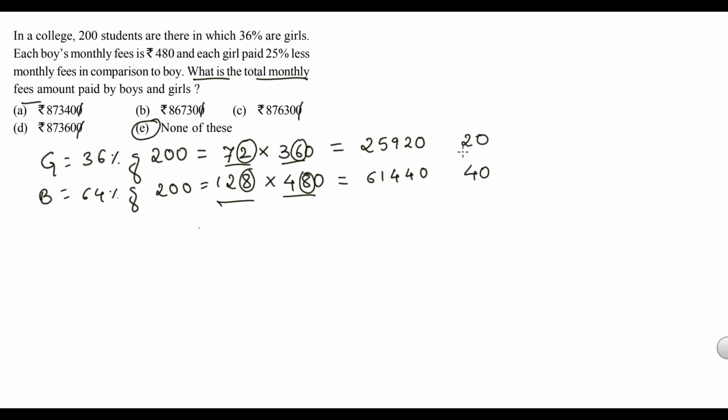Right? Now the last two digits of the first number are 20 and of the second number are 40. The sum of these two should be 60, which means in the total my last two digits must be 60. Here if I see the answer options, 40, 30, 30, 60. Here we have an answer option ending with 60.